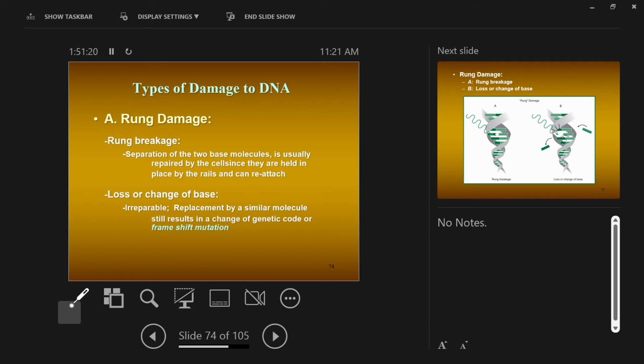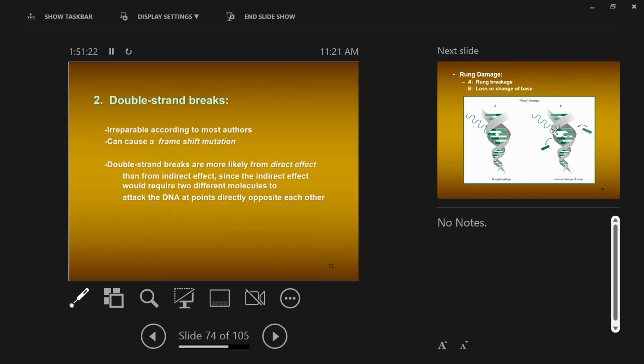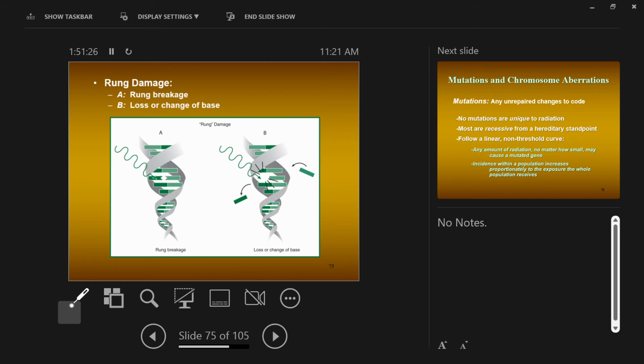That's a frameshift mutation. So here's a picture: rung breakage, which can potentially be repaired, or a complete loss or change of a base pair, which is irreparable.